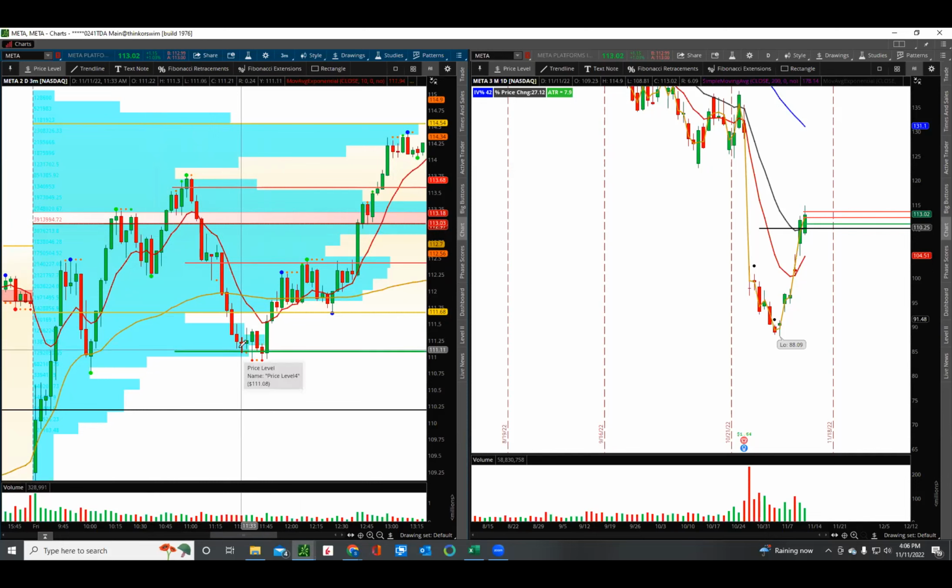One thing that I typically like to do is, if I think that there's a lot of room for this to run, I will not take off 100% of my trade at 1.2. I'll take off 90% of my trade, and then I'll let the additional 10% continue to run. However, because I knew that this was a key pivot level, I just decided to take everything off here at 1.2R.